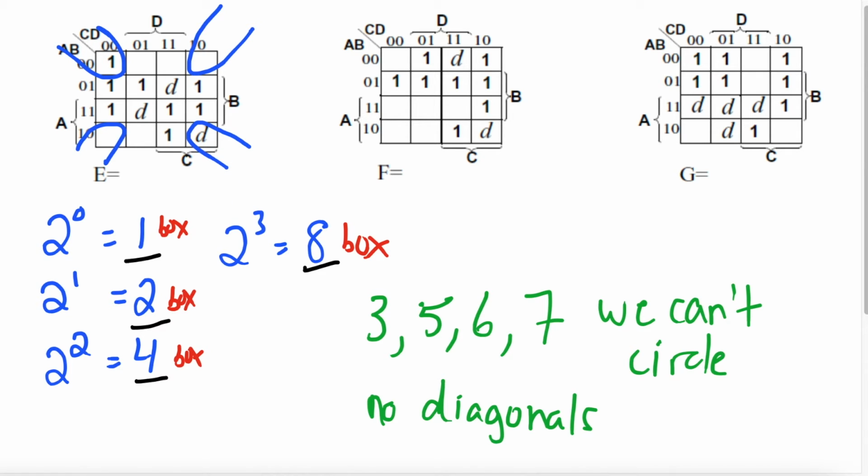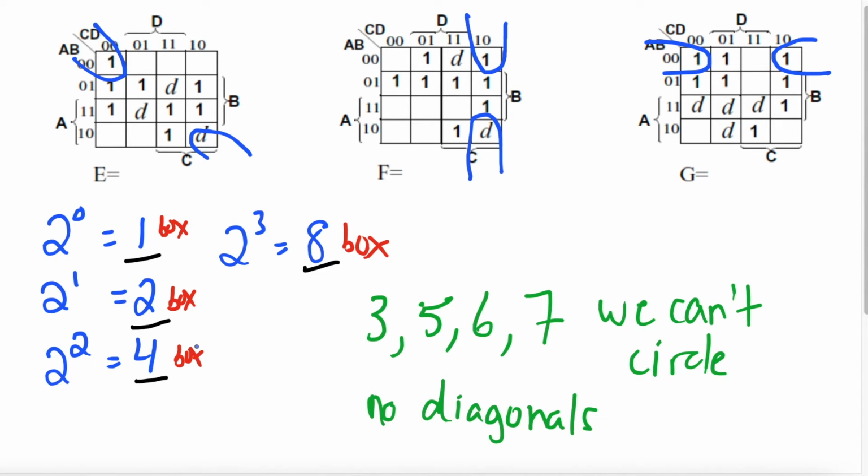A couple of examples: we can circle this corner and this corner under a 2-box corner rule. Or we can circle this corner and this corner vertically under the 2-box rule, or this corner and this corner horizontally. So we have horizontally, vertically, and diagonally for our corners.